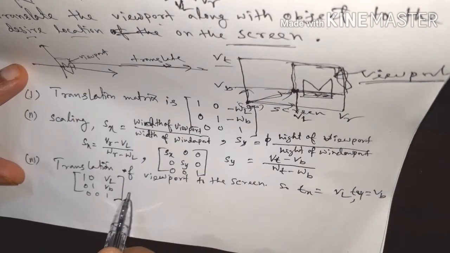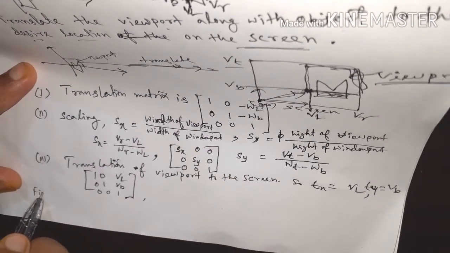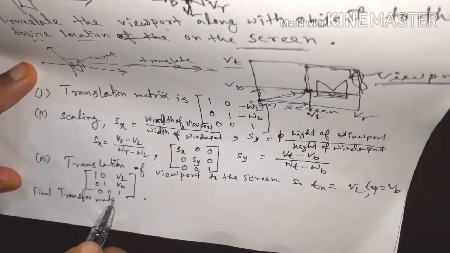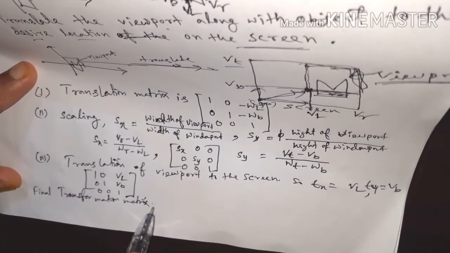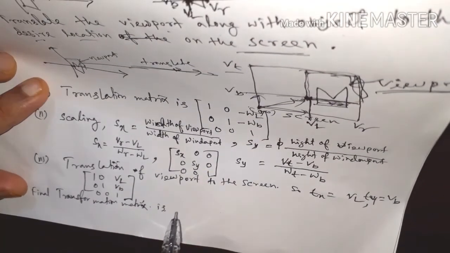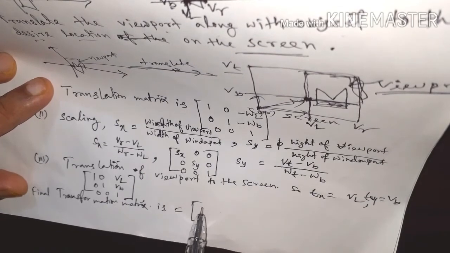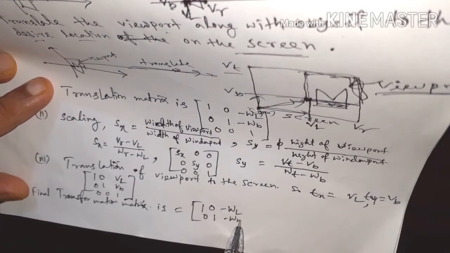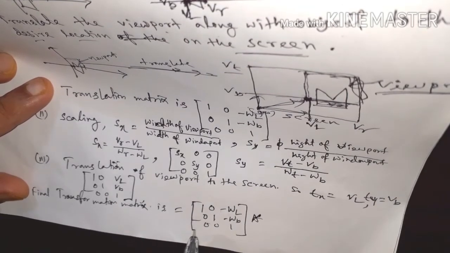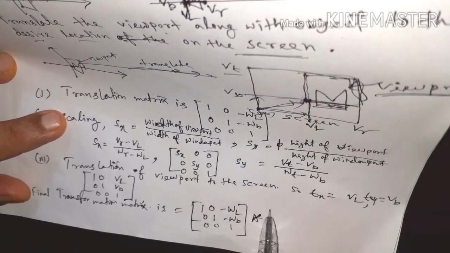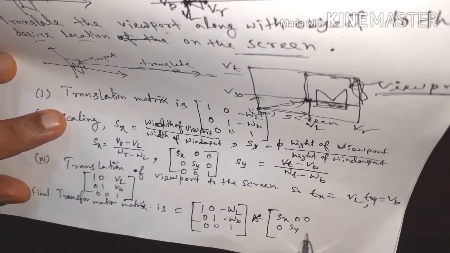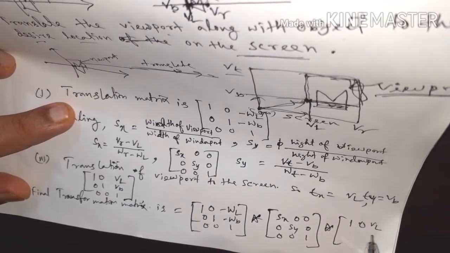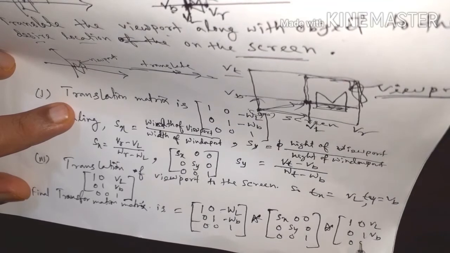So the final transformation matrix A is: 1 0 minus WL, 0 1 minus WB, 0 0 1, into Sx 0 0, 0 Sy 0, 0 0 1, into 1 0 VL, 0 1 VB, 0 0 1.